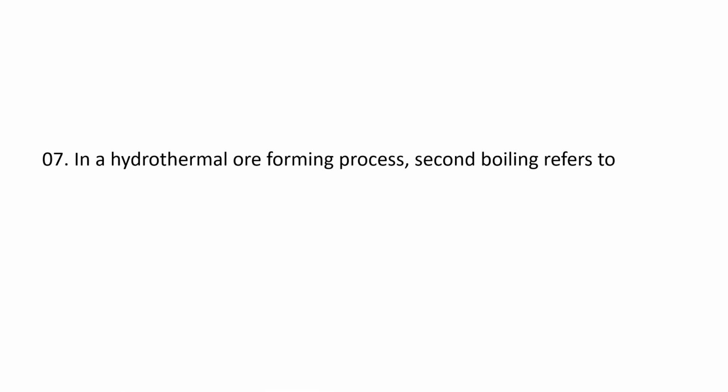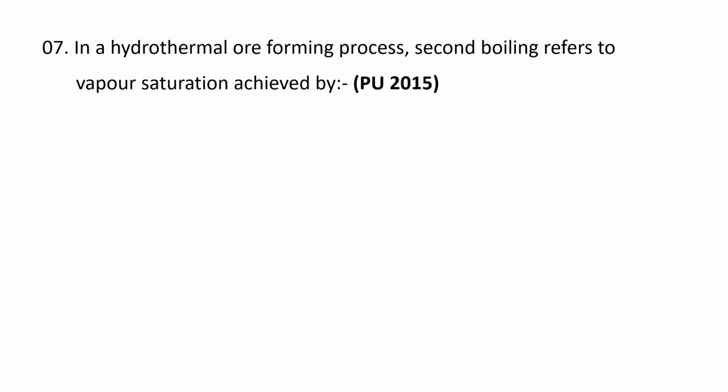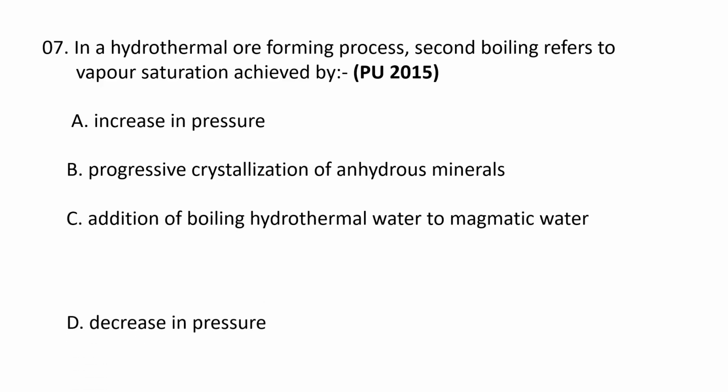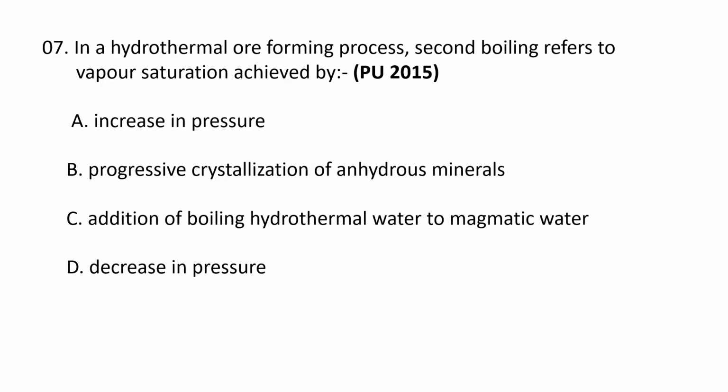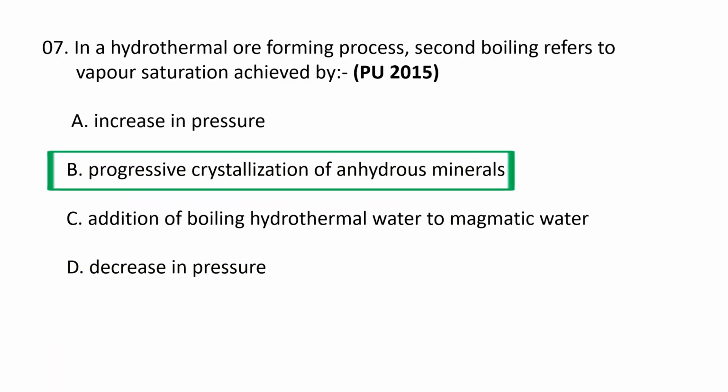INSAT-1B. Next question. In a hydrothermal ore forming process, second boiling refers to vapor saturation, which is achieved by A. Increase in pressure, B. Progressive crystallization of anhydrous minerals, C. Addition of boiling hydrothermal water to magmatic water and D. Decrease in pressure. So the correct option is B. Progressive crystallization of anhydrous minerals.